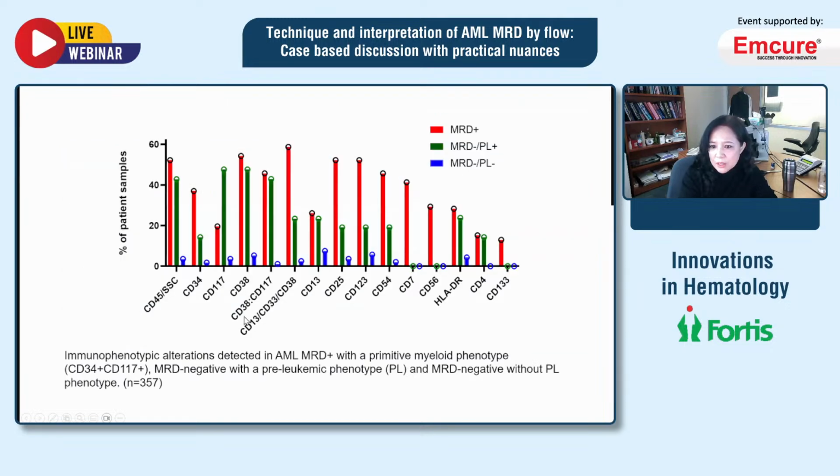So this is the one we summarize, 357 cases. This is the positive case. You can see what are the very frequently changed immunophenotypes, right? So we have to count on the other markers. One thing is to at least increase your confidence level if you see more aberrancies.